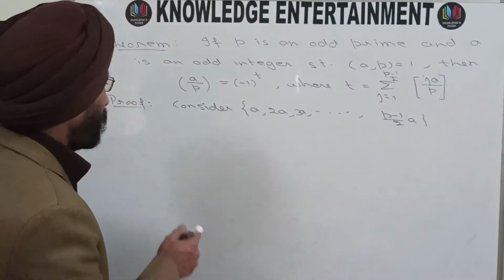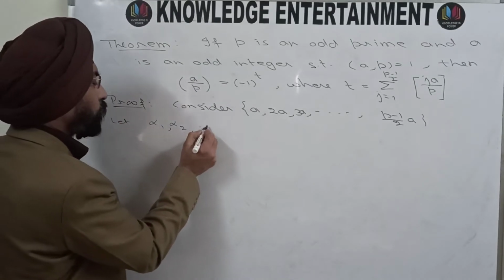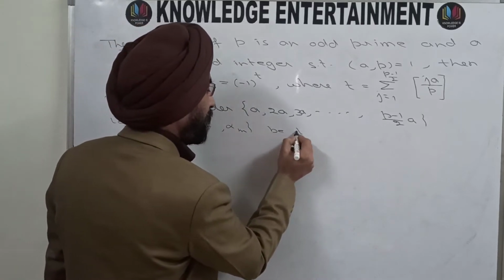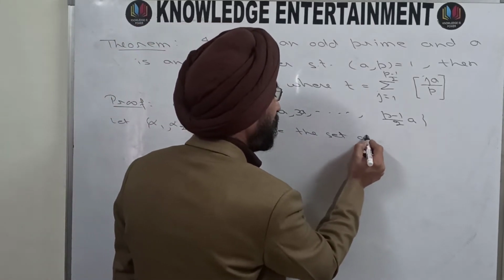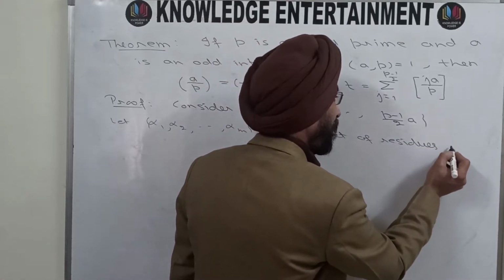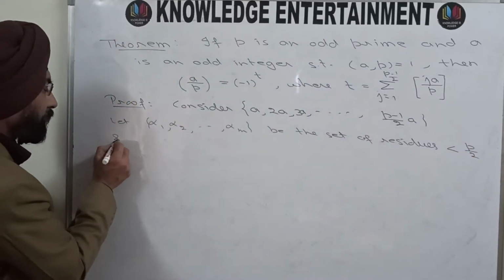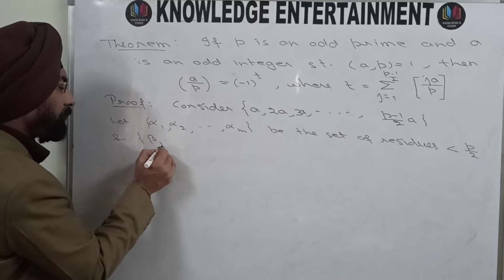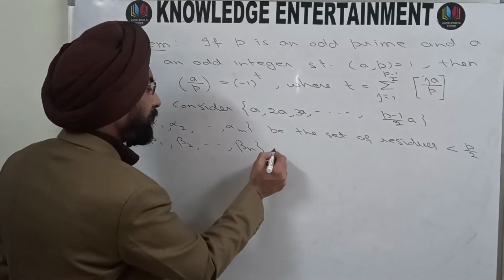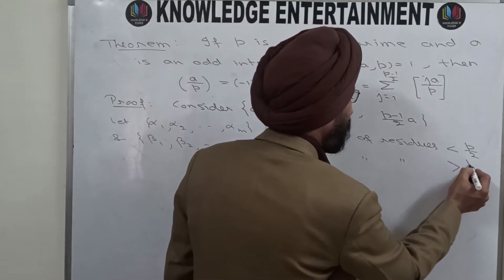So let alpha 1, alpha 2, up to alpha m be the set of residues, residue means remainders, that are less than p/2, and beta 1, beta 2, up to beta n be the set of residues that are greater than p/2.